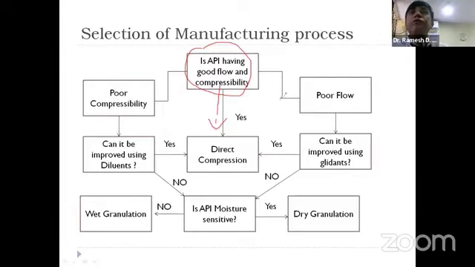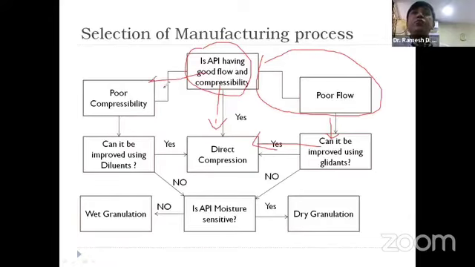If any of the answers is not yes, you need to think further. If only flow is poor, you need to ask, can it be improved by glidants? If yes, we can go for direct compression. If only compressibility is poor, if it can be improved by using diluents, good. Yes, we can go for direct compression.